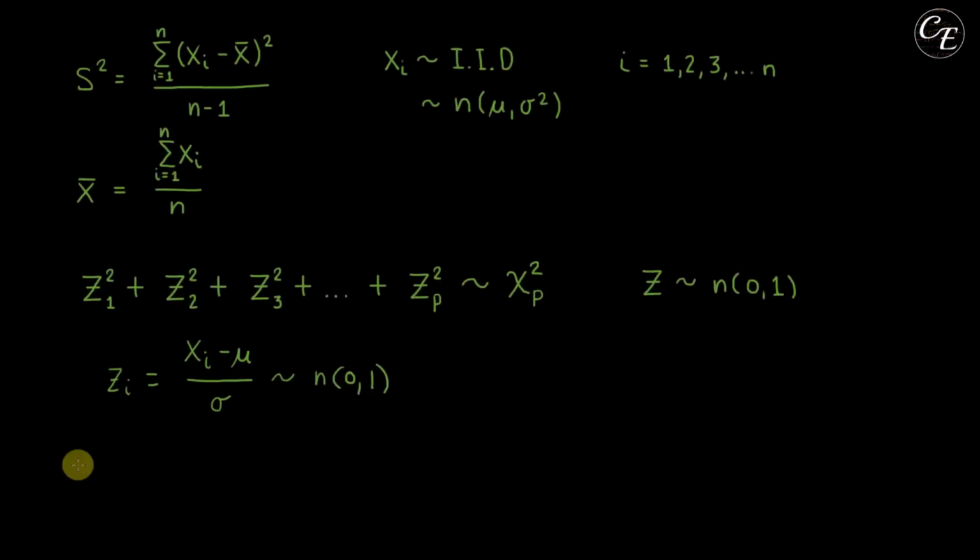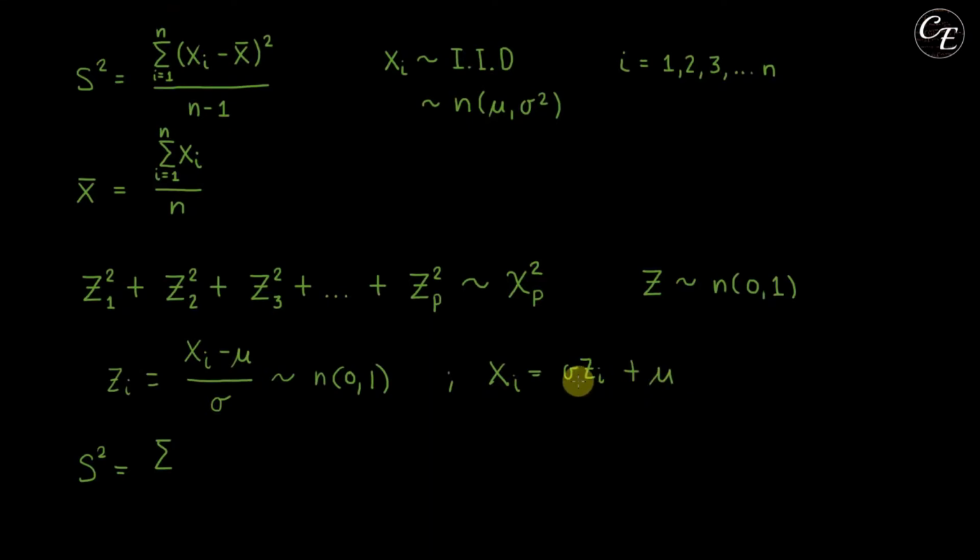So now, the sample variance is equal to the summation of, for x sub i, from here x sub i is equal to sigma times z sub i, then we can move mu to that side, so we have plus mu.